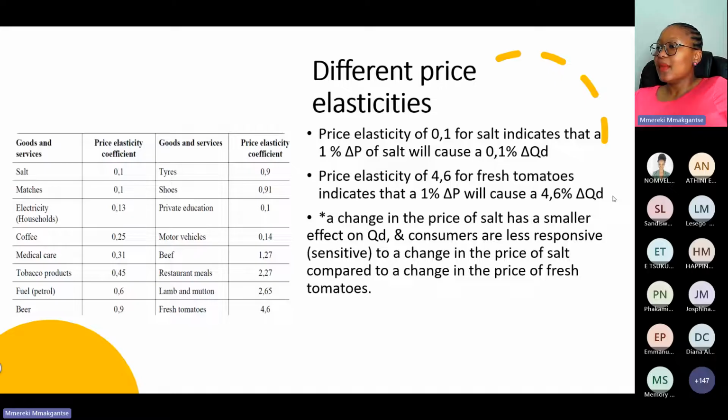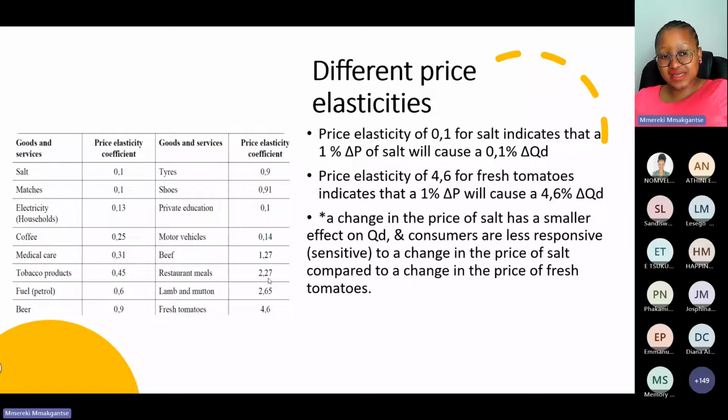So if we look at restaurants, the price elasticity of 2.27 for restaurant meals indicates that a 1% increase in price will cause a 2.27 percentage change in quantity demanded.